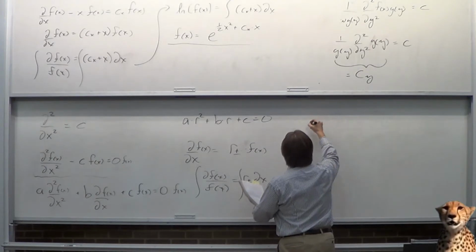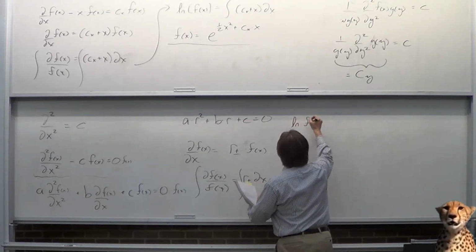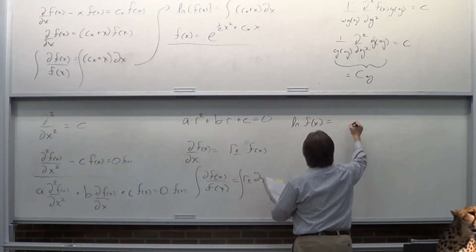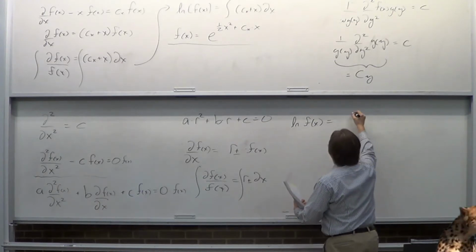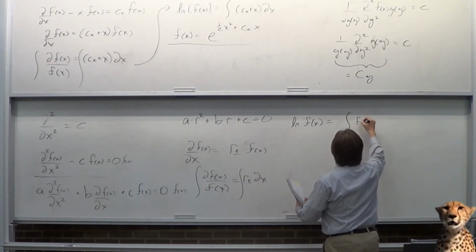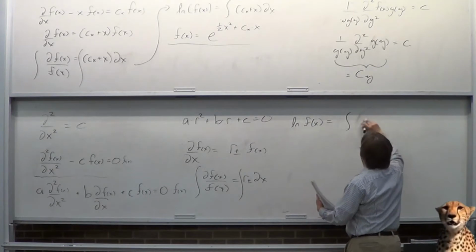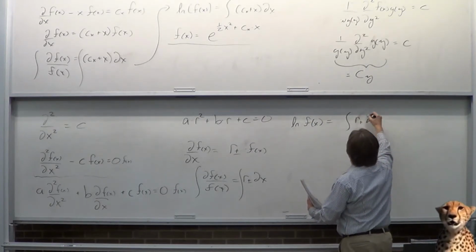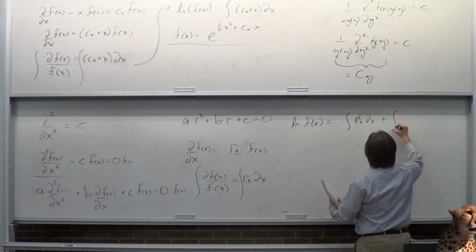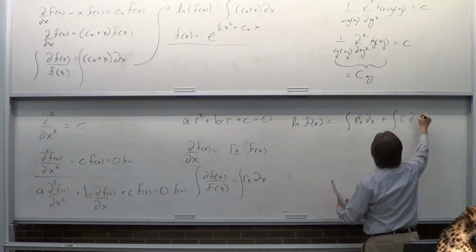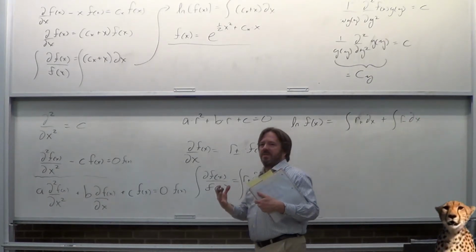So what you end up with is f of x is the integral. You actually end up with a linear combination of these. Another thing is that you have two solutions.